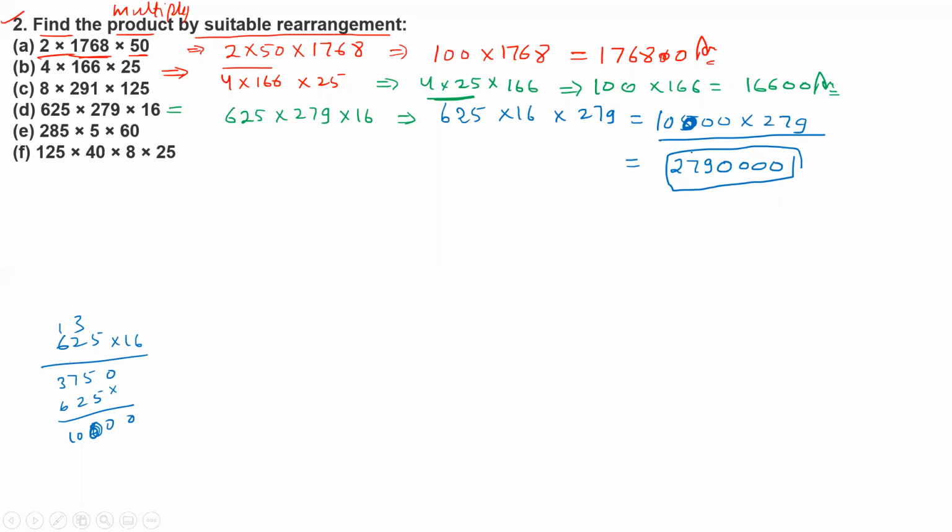Okay. Next, part E. 285 multiply by 5 multiply by 60. So 285 multiply by, what should I do? Shall I multiply 285 by 5 or shall I multiply 285 with 60?